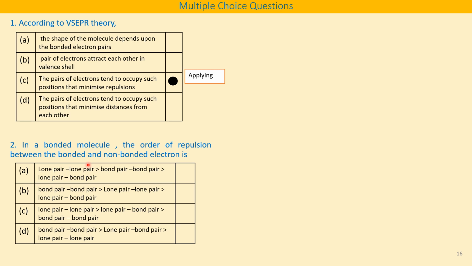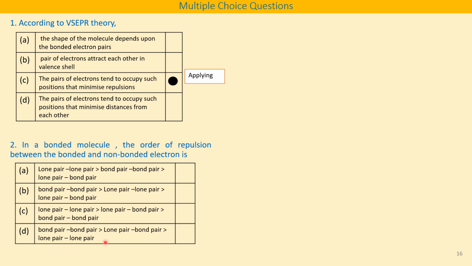Option B, BP-BP greater than LP-LP greater than LP-BP. Option C, lone pair-lone pair greater than lone pair-bond pair greater than bond pair-bond pair. Option D is bond pair-bond pair greater than lone pair-bond pair and lone pair-lone pair.